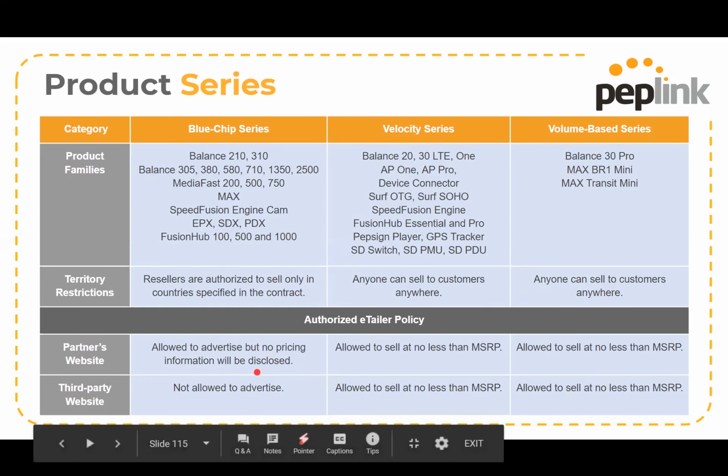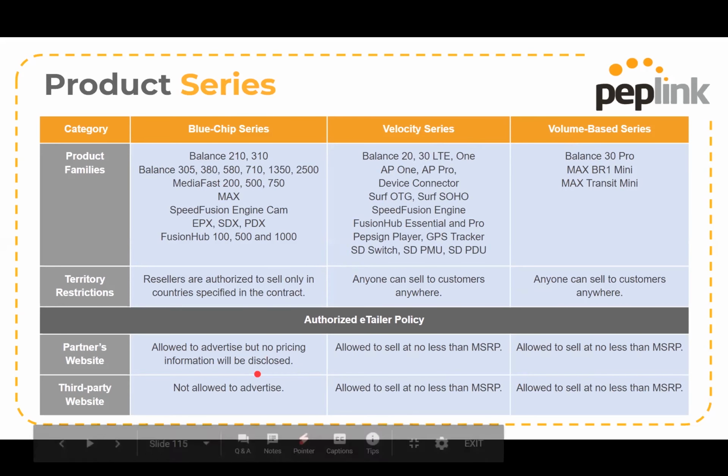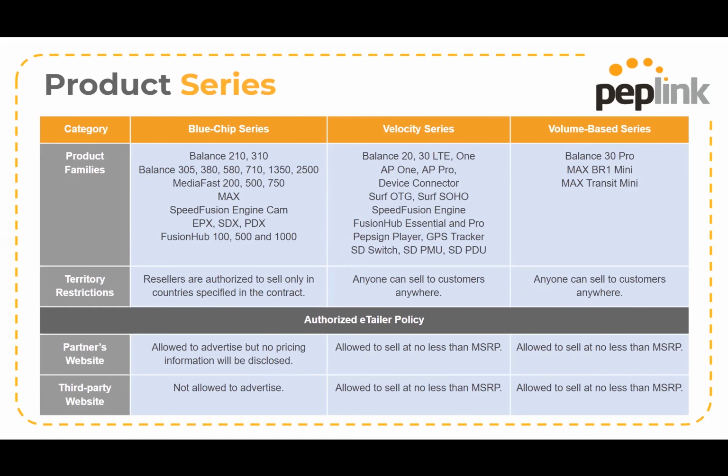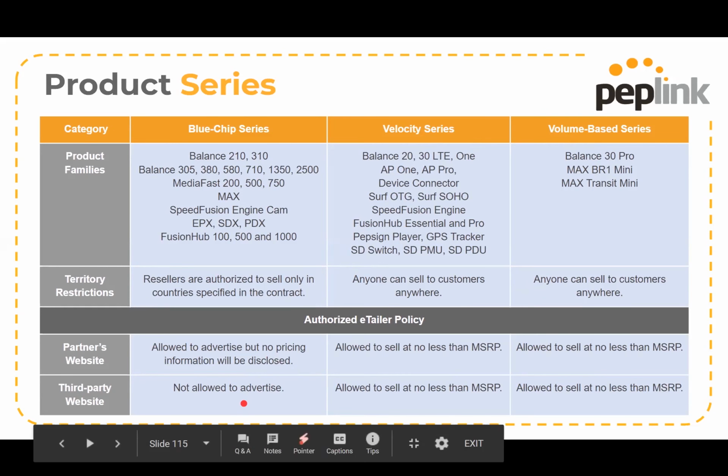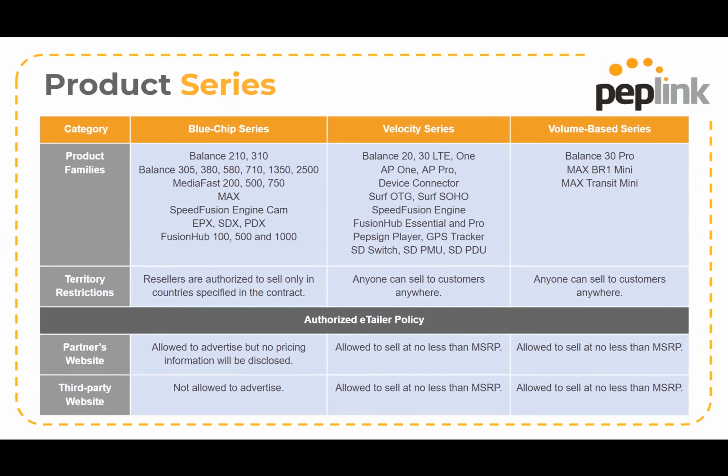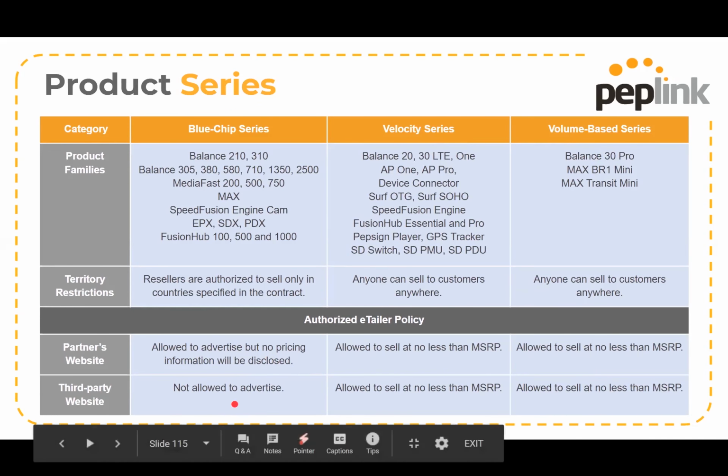You cannot offer the MSRP pricing for blue chip series on your website, period. If you offer to third parties, such as Amazon, let's say you're a reseller on Amazon, it's not your own website, it's a sales portal. You cannot advertise it, period. No exceptions.